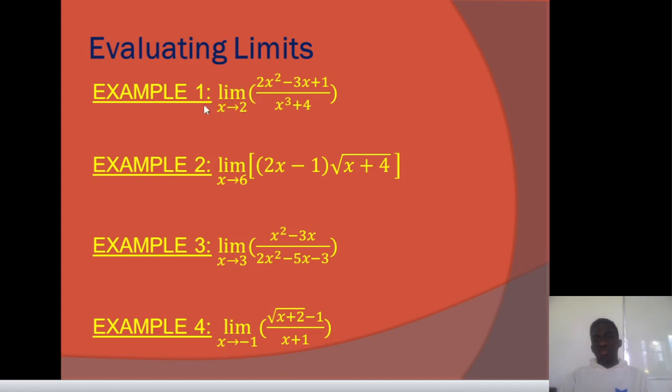Limit, LIM, is read as the limit of this function. So the limit of 2x squared minus 3x plus 1 divided by x cubed plus 4 as x approaches 2. That's how we read it. So how do we evaluate this? That's the question.